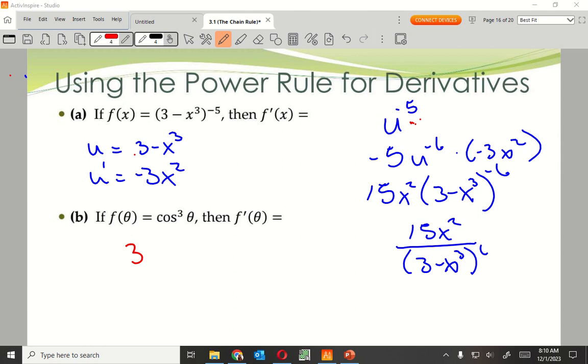So this would give me cosine what? Very good, cosine squared of, oh, that's just theta, sorry. Of theta times negative sine. Remember, it's just the cosine, right?